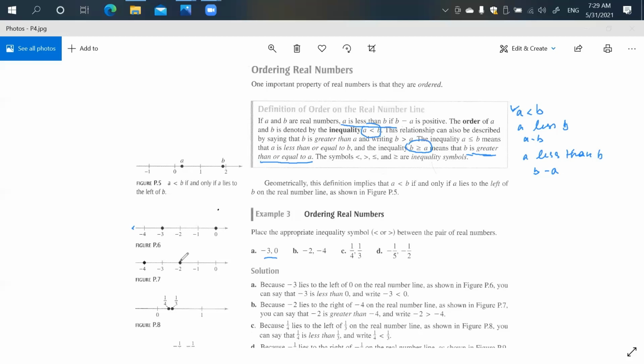Negative 2 and negative 4: when you label them, which one is on the right hand side? Negative 2, so we can say negative 2 is greater than negative 4. Everyone still remember this sign means greater than?